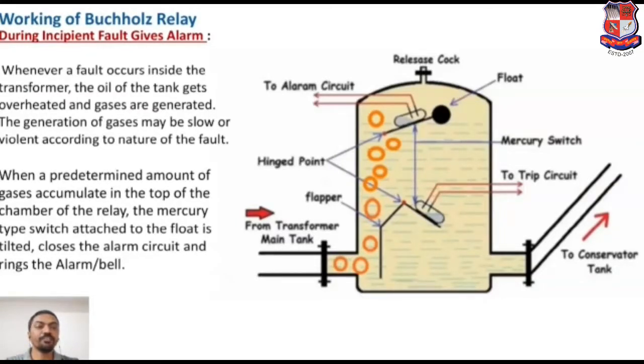The small circles in the diagram are nothing but the bubbles of the gas, which from the main tank accumulate into the top portion of the Buchholz relay. So the top mercury switch is tilted and the alarm circuit is closed and it gives the alarm. So one can know that there are some problems in the power transformer. So he can check and rectify the problems. So in incipient fault it gives alarm.